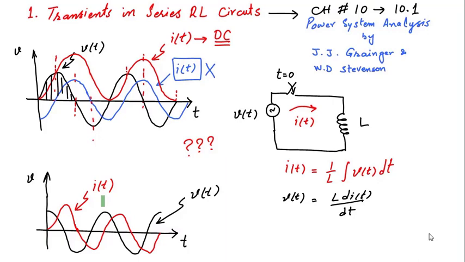I think you have got the idea behind this concept of transients in inductors. Up to this point we have just discussed the DC offset and the reason for it with the help of waveforms. Let's verify the same thing mathematically with the help of equations.